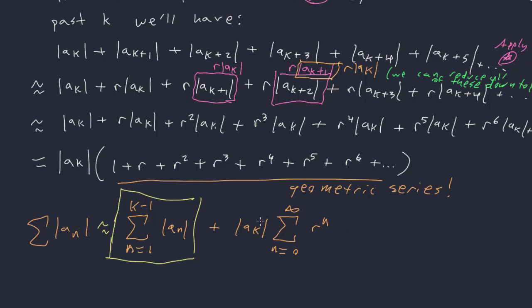But at the end of the day, this isn't really a proof. This is just an explanation of why this works. So we have this finite thing, which we don't have to worry about, as there's no convergence issue here. It's just some number.